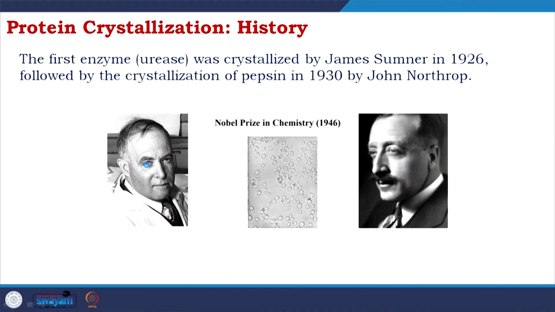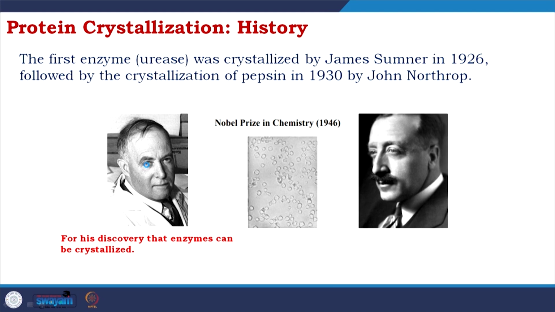The first enzyme, urease, was crystallized by James Sumner in 1926, followed by the crystallization of pepsin in 1930 by John Northrop. And these two got the Nobel Prize in Chemistry in 1946. For Sumner, it was for the discovery that enzymes can be crystallized.